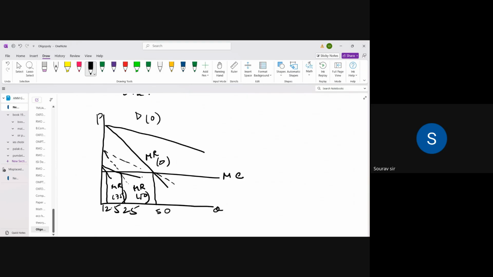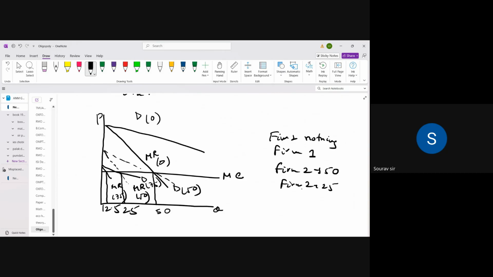This is your demand curve for 75, and this is your demand curve for 50. Now, if firm 1 thinks that firm 2 will produce nothing, then how much will it produce? 50. If it thinks firm 2 will produce 50, then it will produce 25.